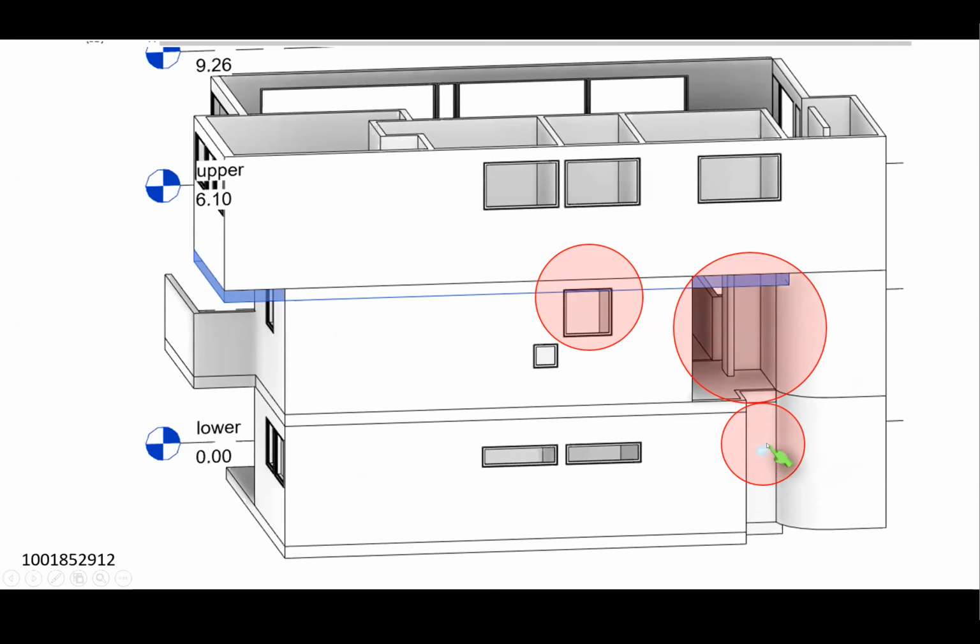She or he didn't create the window. Same thing here, there is a window. And as you can see, this window also is overlapping with the floor. Normally, a window should not overlap with the floor. So you have to rectify these mistakes.